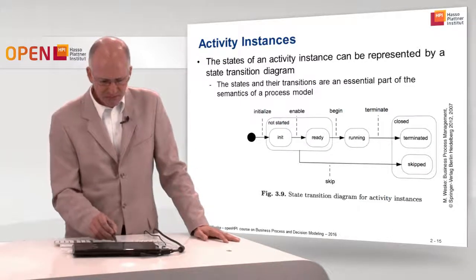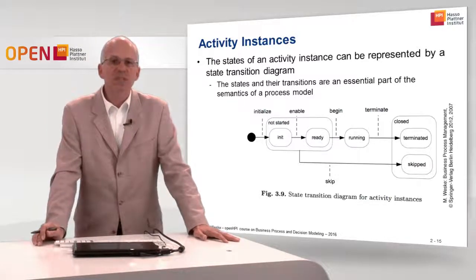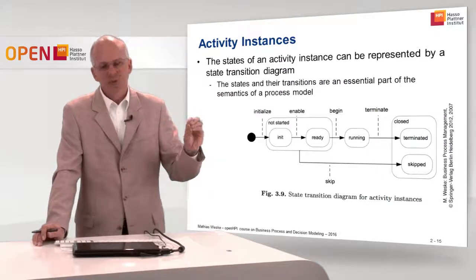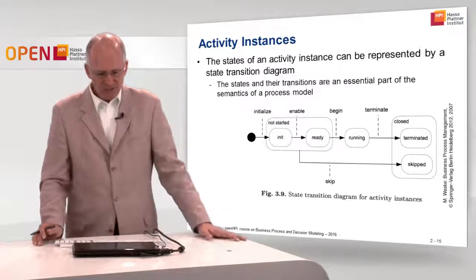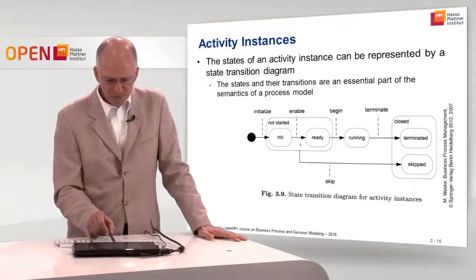That means it might turn out that a certain activity instance is not required for a certain process instance. In this case, it is no longer required, and therefore it can change from the init or ready state to the skipped state. And in order to represent that, we have, let's say, a composition of the init and ready state.